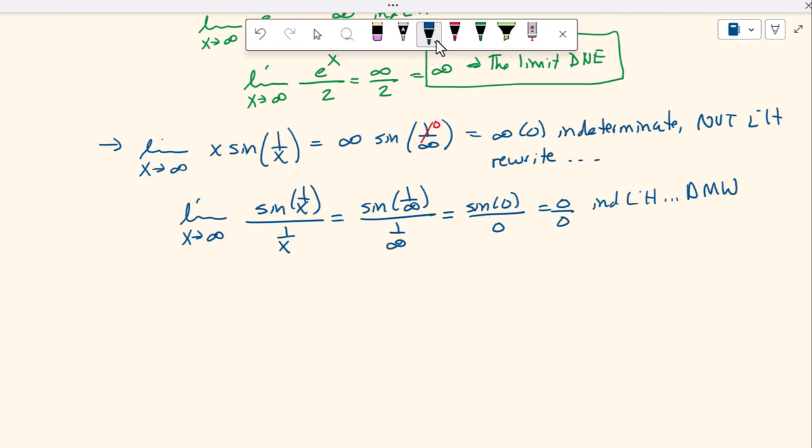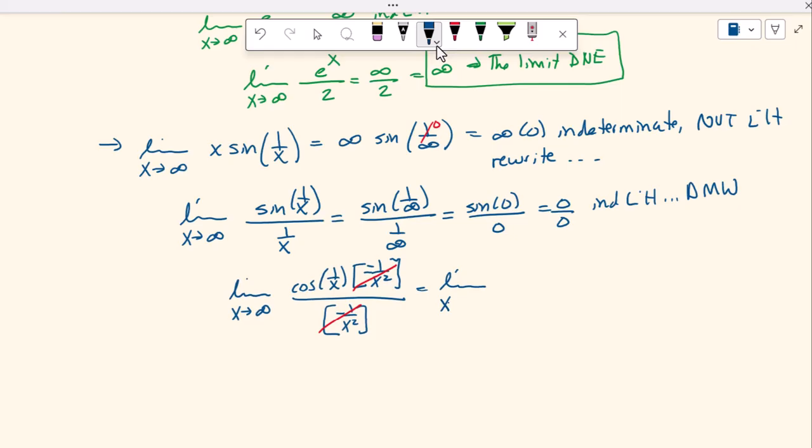Okay, so the more work that I'm going to do is take my derivative. The derivative of the sine is the cosine of 1 over x times the derivative of 1 over x. And the derivative of 1 over x in the denominator is negative 1 over x squared. So these cancel, and I'm left with the limit as x approaches infinity of the cosine of 1 over x.